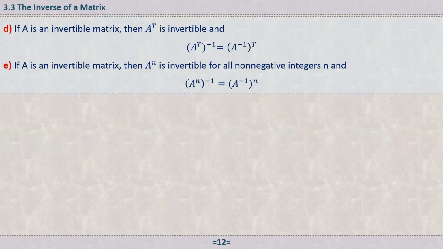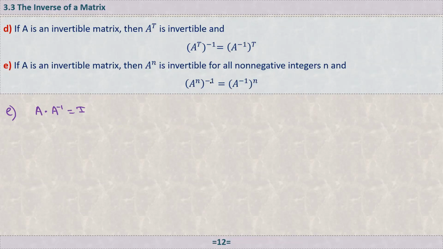In part D, it says that if A is an invertible matrix, so what color do we have here? Let me choose this purple. When we just say invertible, immediately you have to imagine this relationship: it has an inverse, and A times A inverse equals I. So if A is an invertible matrix, then A transpose is invertible, and A transpose inverse equals A inverse transpose. So I have to show that A transpose inverse equals A inverse transpose.